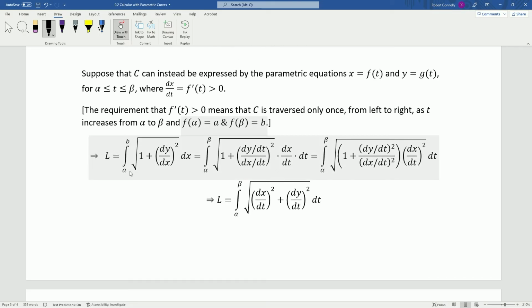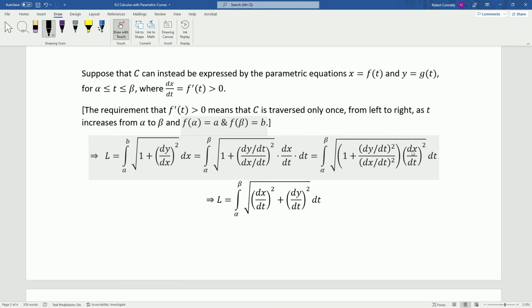So now let's take a look at our original formula. Now, dy dx we know can be rewritten as dy dt divided by dx dt, and this whole thing is squared. Now this dx we've replaced with dx dt times dt. And in this next step, what we're doing is squaring it and taking the square root. Since we know that derivative is positive, the square root of its square will be the same as the original derivative.